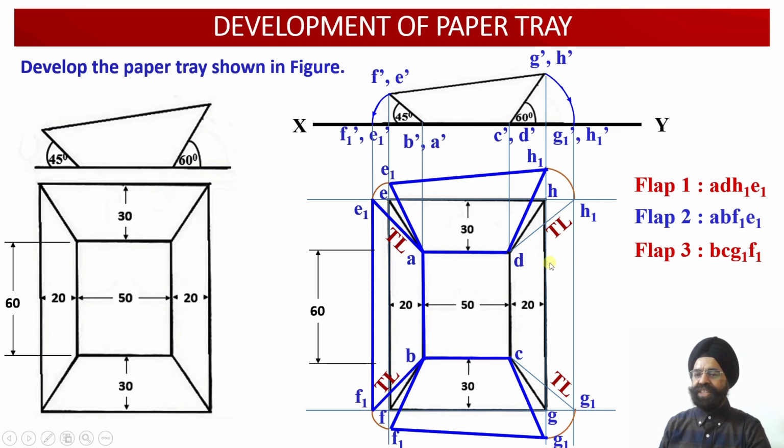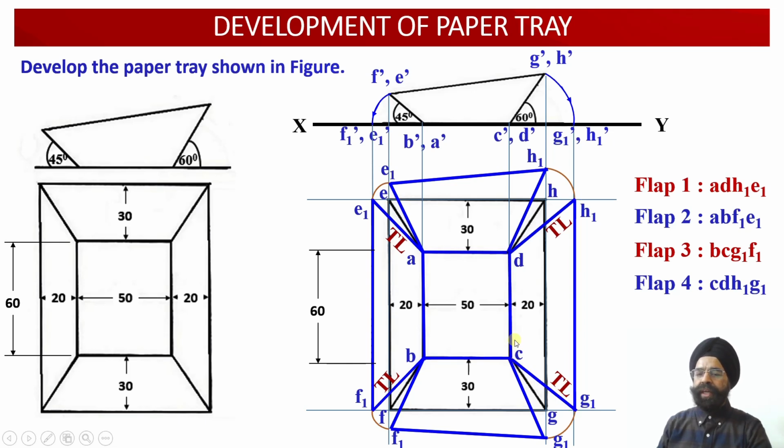And this is the last surface. Now which is this surface? This surface happens to be C, D, H and G over here. So this is again the apparent shape projection corresponding to the surface CDHG. Now what are the true shape projections? So the true shape projections of surface number 4 or the flap number 4 happen to be C, D, H1 and G1 over here.